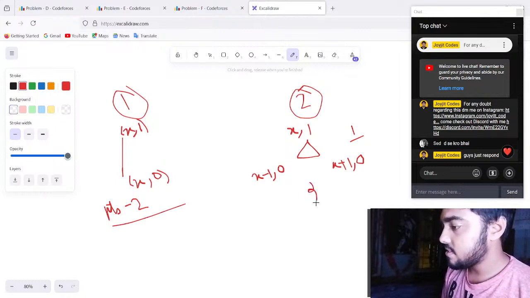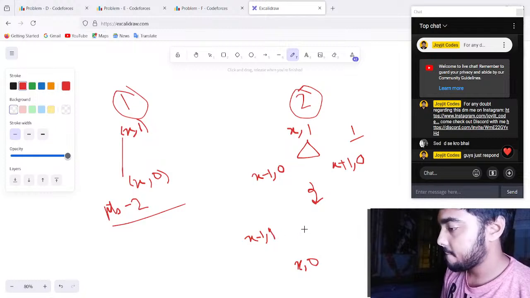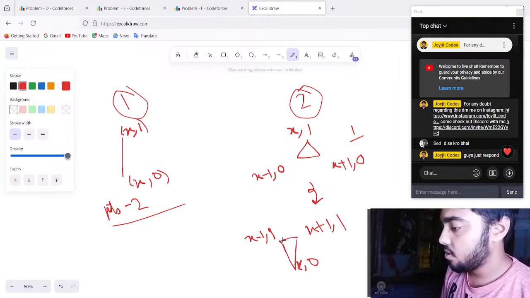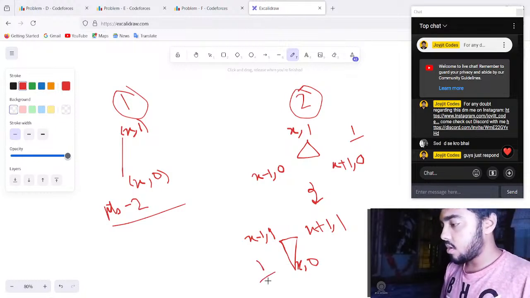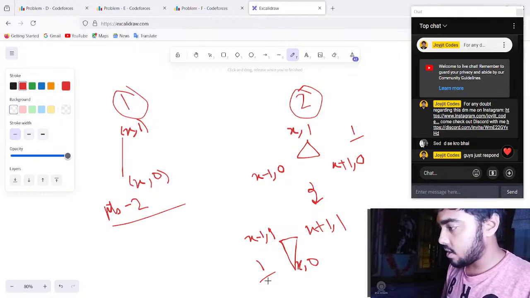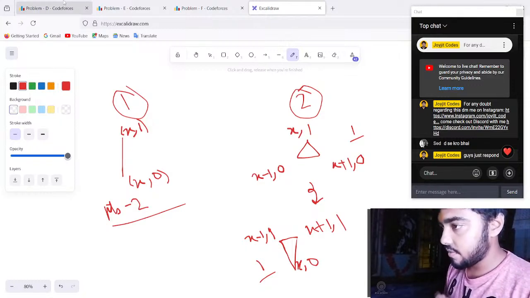The vice versa is also satisfying: x comma 0, x minus 1 comma 1 and x plus 1 comma 1. In that case also we will get 1 point. Clear? So let's get into the implementation of this problem real quick.